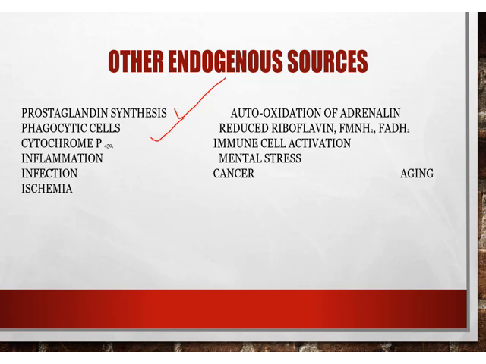Then the cytochrome P450 enzyme complex, which is found in the endoplasmic reticulum and responsible for the hydroxylation of a wide range of endogenous and exogenous molecules, and which is also responsible for the generation of superoxide as an intermediate. So these are the other endogenous sources: infection, ischemia, inflammation, autooxidation of phenylalanine, reduced riboflavin, immune cell activation, mental stress, cancer, aging. All these conditions are responsible for the production of various reactive oxygen and nitrogen species in the human body.